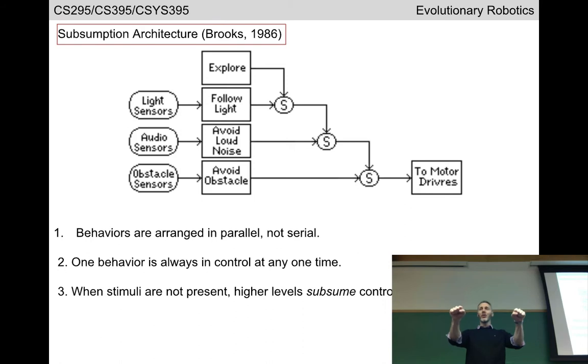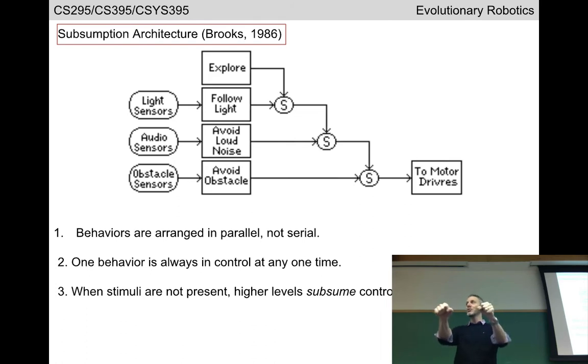So metaphorically, the obstacle sensors relax their grip on the motors, and if suddenly the audio sensors report a loud noise off to the right, the audio sensors might say, this is important, not as important as avoiding obstacles, but still important, turn away from the loud noise. If there are no obstacles nearby and no loud noises, then the light sensors are free to control the motors.